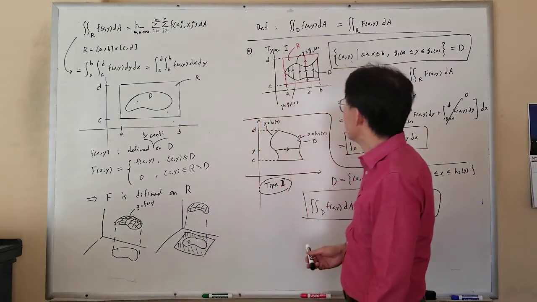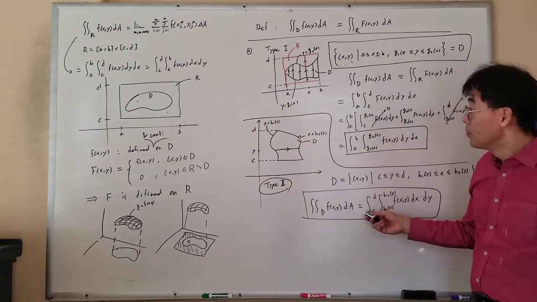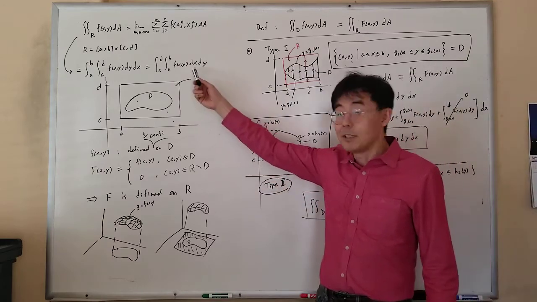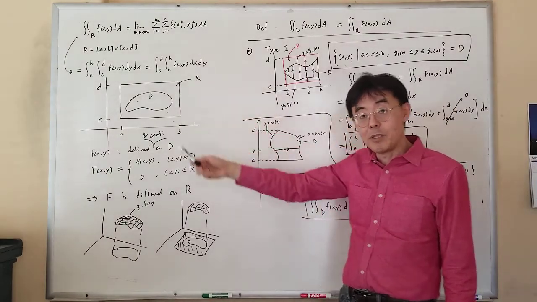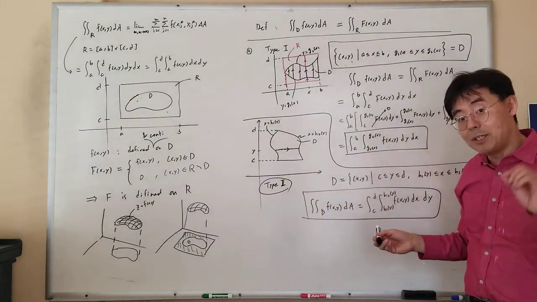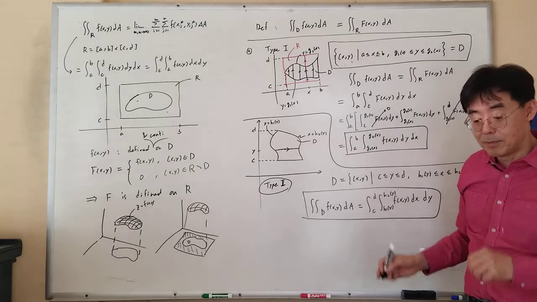So this is the generalized iterated integral from rectangular domain to general domain, either type 1 or type 2.